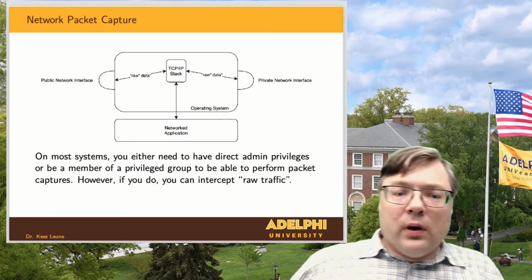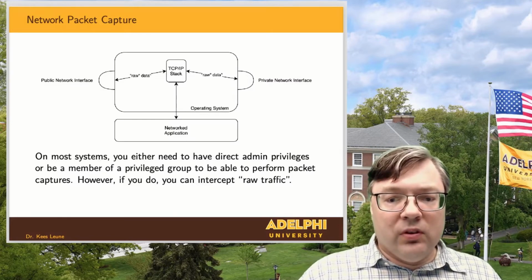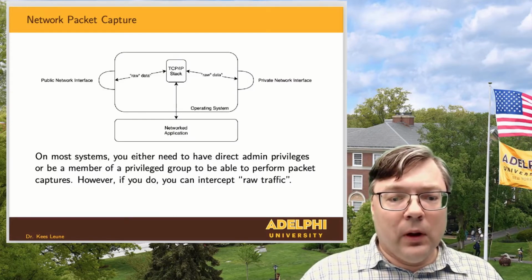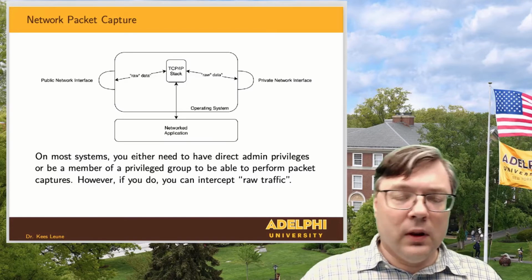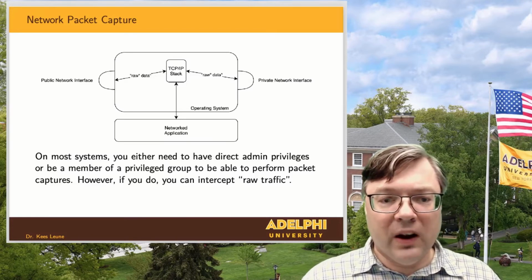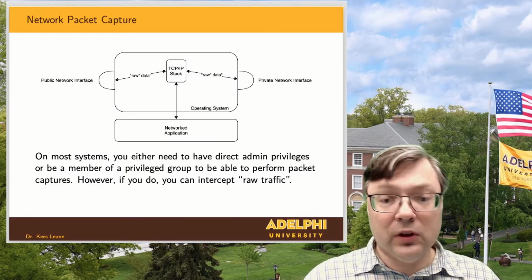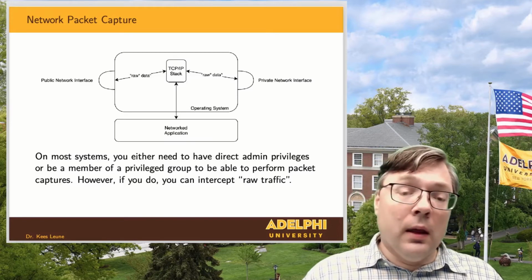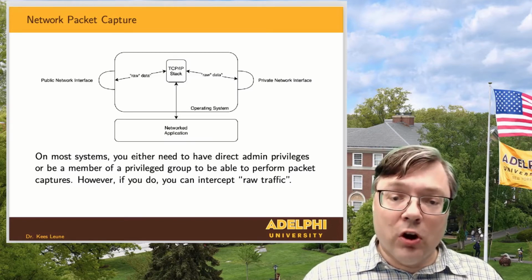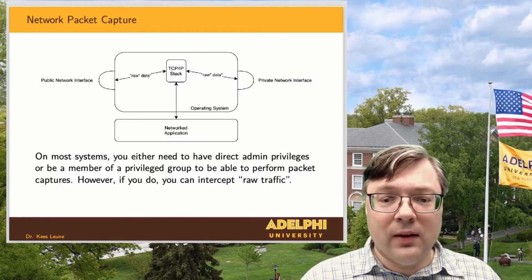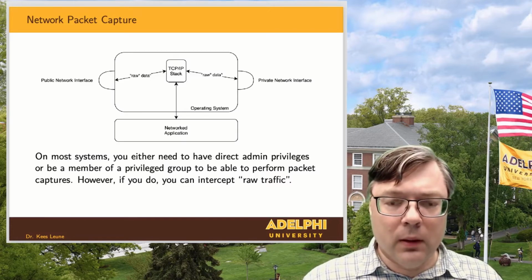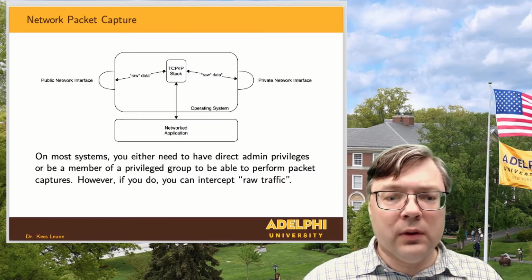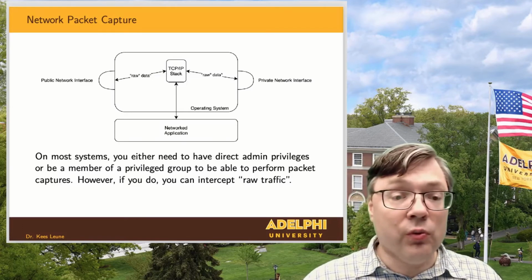Now, in order to do one of those network packet captures, you have to understand that a system, like we've shown here, the top rounded rectangle, the big one, is the operating system. And the operating system's job, or one of its jobs, is to interact with devices. And in this particular case, we're dealing with a system that has two devices.